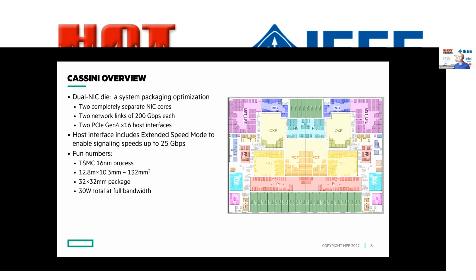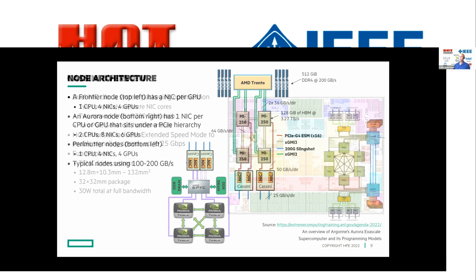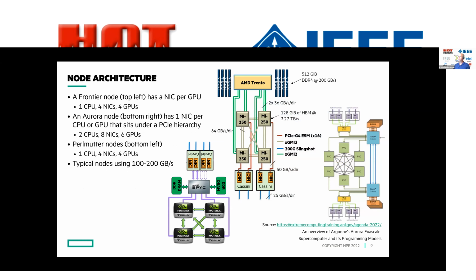Now, the reason we built 2 NICs in a die in this case is really a system packaging optimization. If you look at the node architecture for some of the early systems here, on the top center there's a Frontier node. You can see it's got 1 CPU and 4 NICs and 4 GPUs. Each NIC is connected directly to a GPU, so that provides for an interesting node topology for that one.